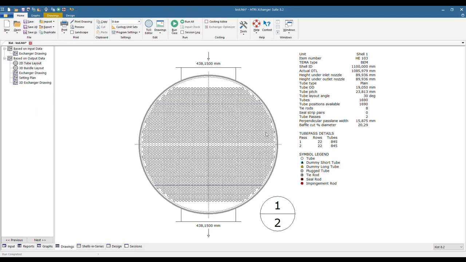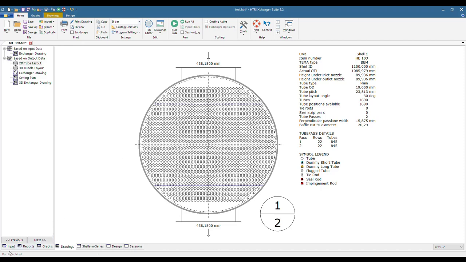This is the tube sheet layout, which seems reasonable. Of course, there is a lot of space below the inlet nozzle and before the outlet nozzles, because this is reasonable because of their diameter. The diameter is rather high. So the nozzle rho V square of the inlet nozzle is probably low.